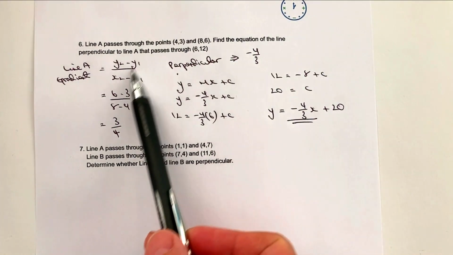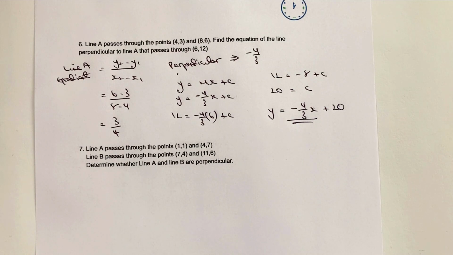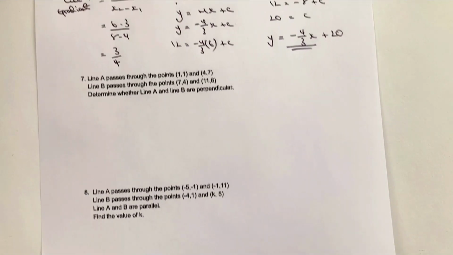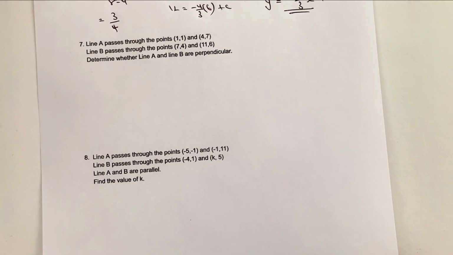This is grade 5, but it's probably knocking on the door of grade 6. It's one of those sorts of questions. Have a little look at the next one, which is very similar, and it will give you an idea of how to progress these things.